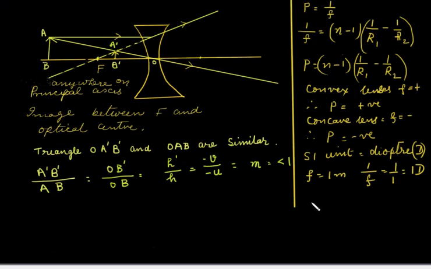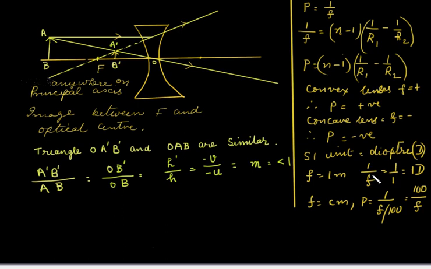Sometimes when doing problems, f may be given in centimeters. Then what do we do? Power becomes equal to 1 by f divided by 100. That becomes equal to 100 by f. So when focal length is given in meter, you have to find out the power as 1 by focal length.